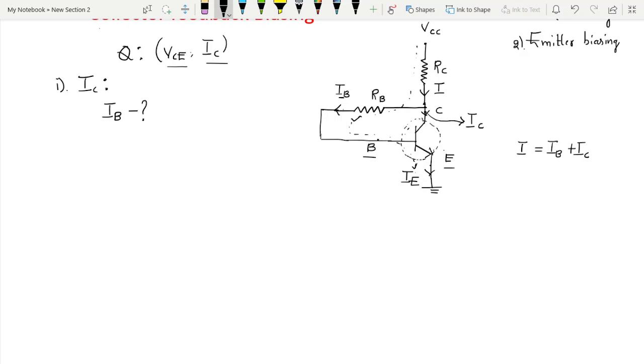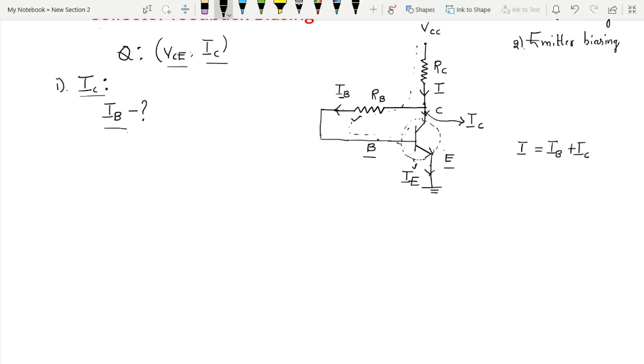In order to find the collector current, first we need to find the base current. For that purpose I write a loop equation from the base region.